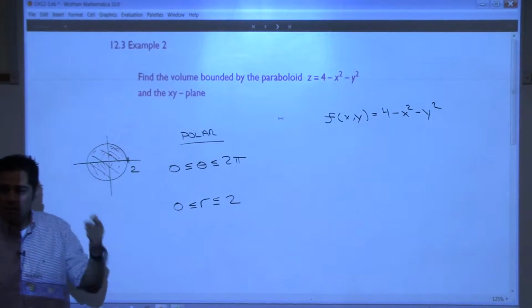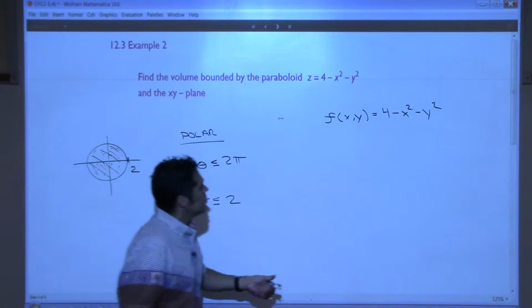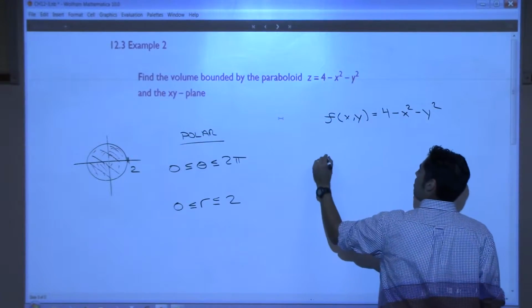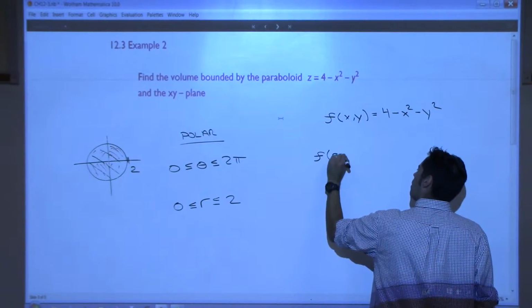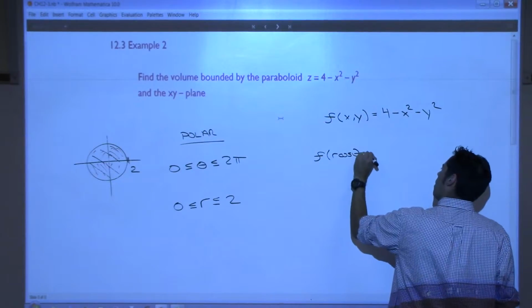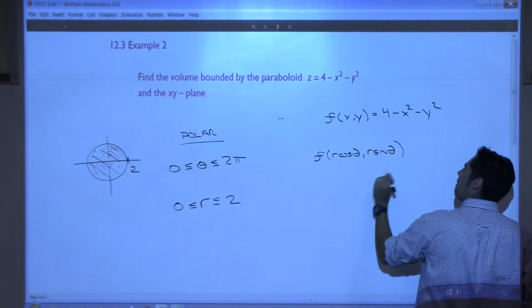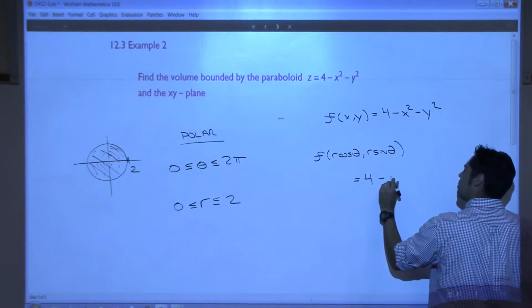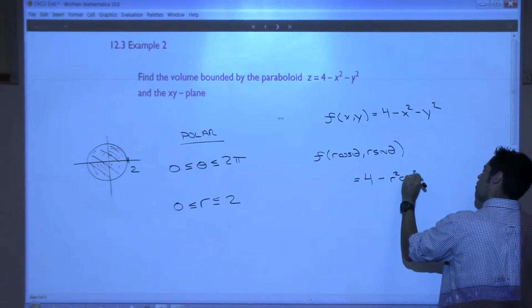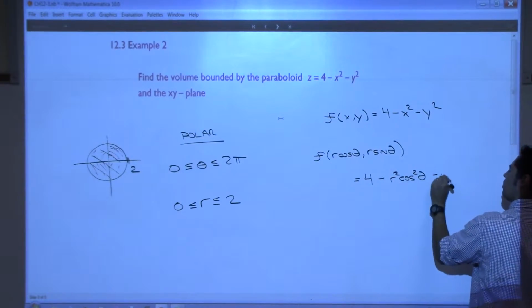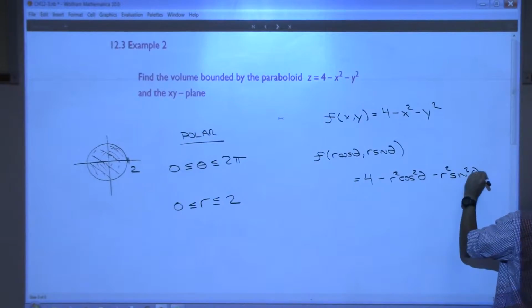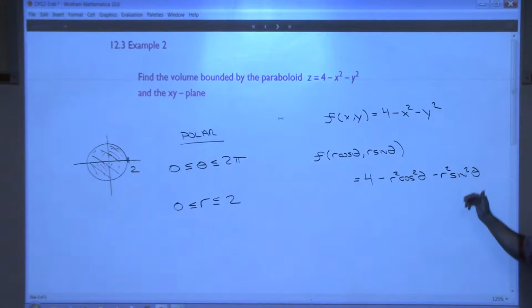Everywhere I see y, r sine theta. So f of r cosine theta, r sine theta would become 4 minus r squared cosine squared theta minus r squared sine squared theta, right? That's what that would become.